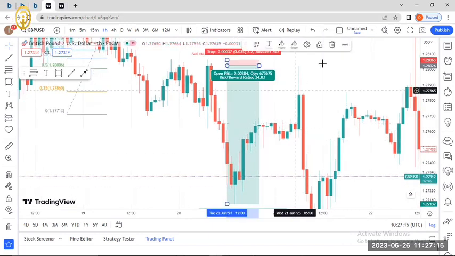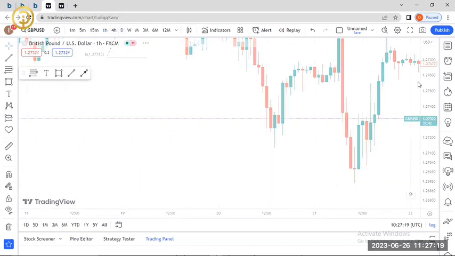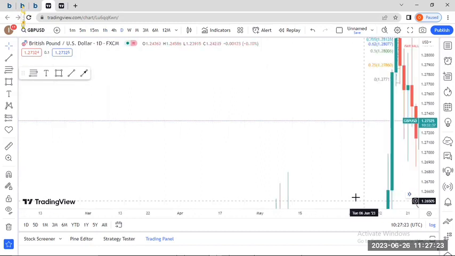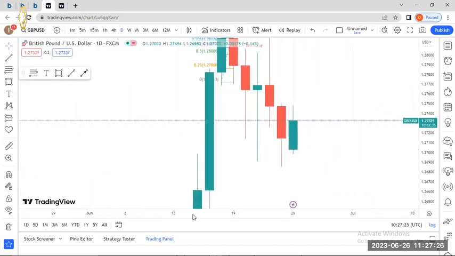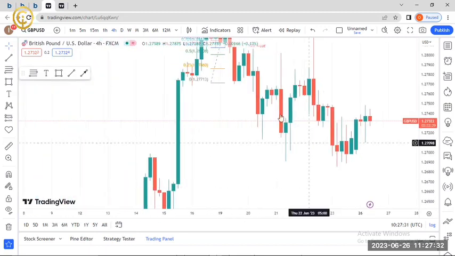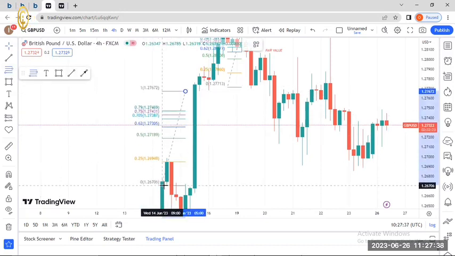Ultimately, as we went for that point, we dipped into the daily fair value gap. It was very nice. You want to be able to check consequent encroachment, which was here.